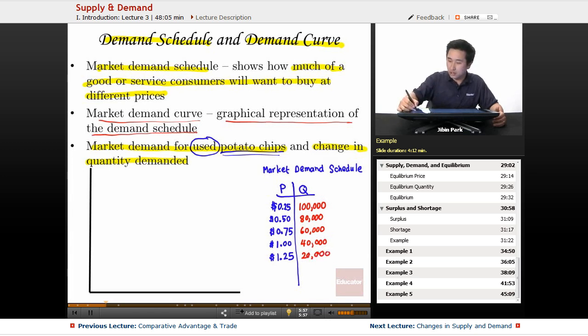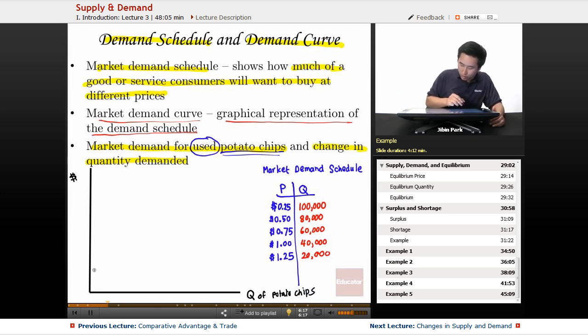Now, how is that going to look on a demand schedule here? You're going to have price on the y-axis, and you're going to have quantity of potato chips. You want to put the right labeling here.